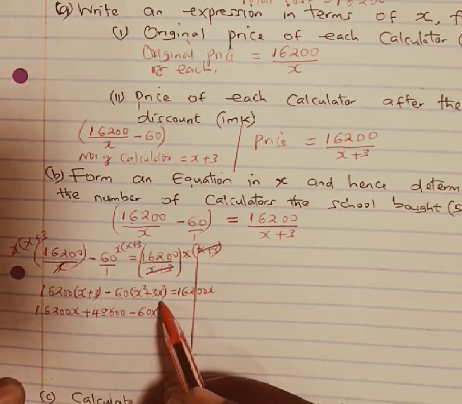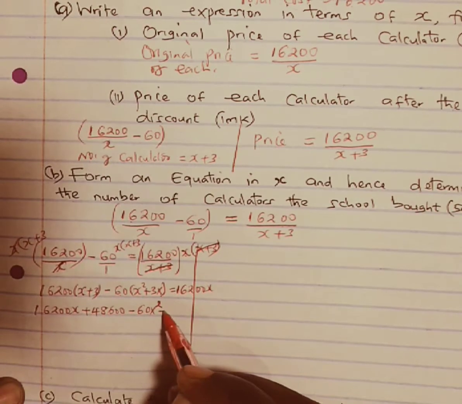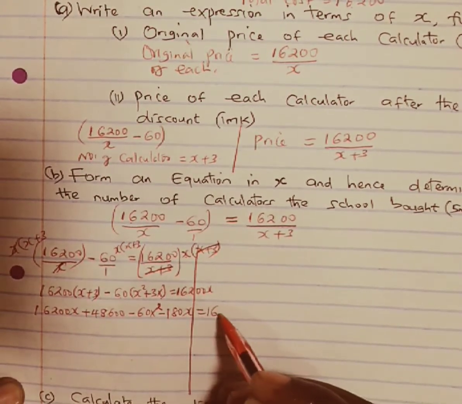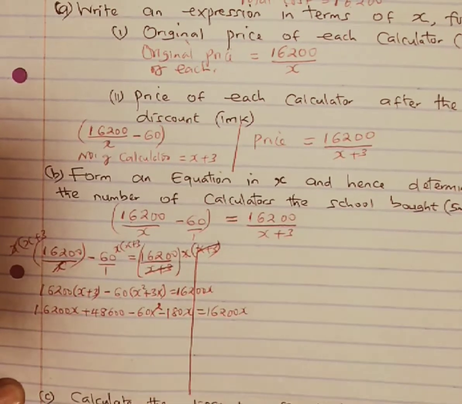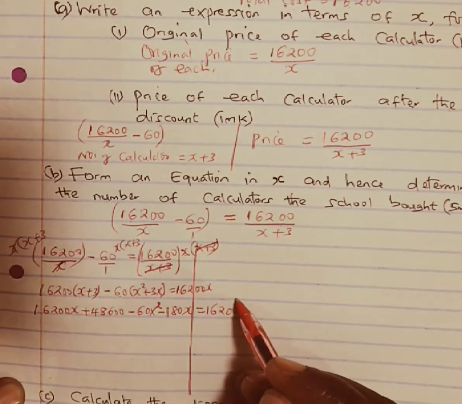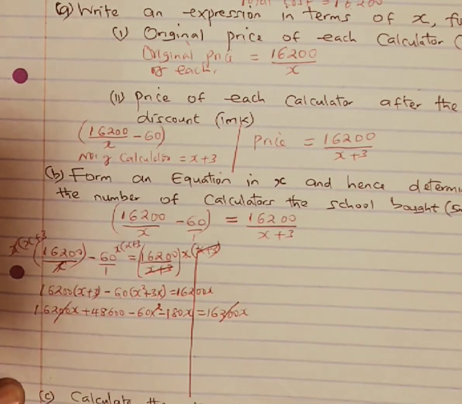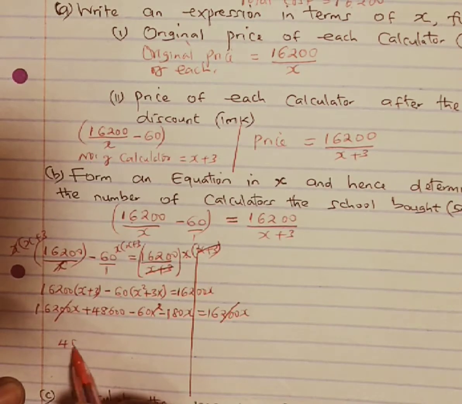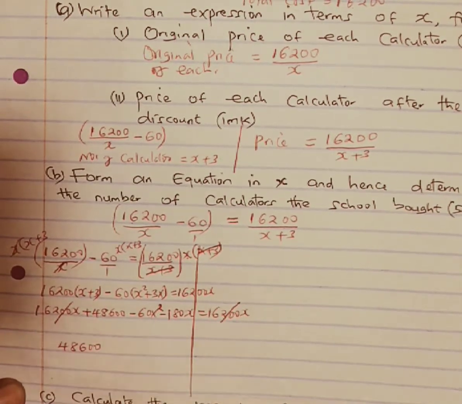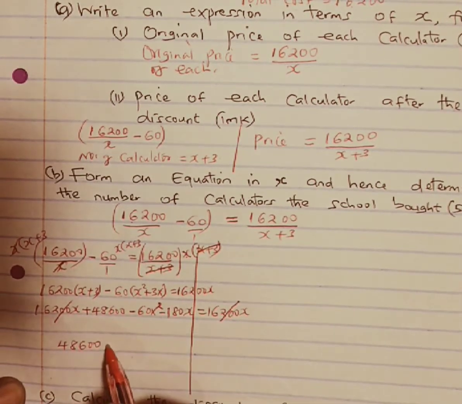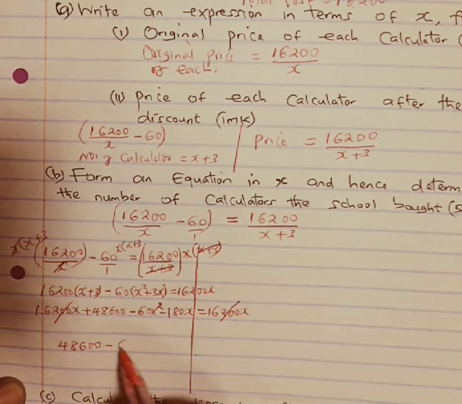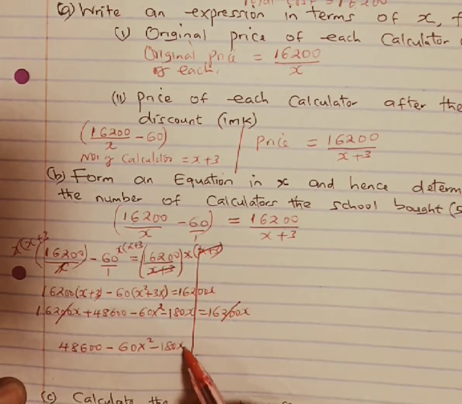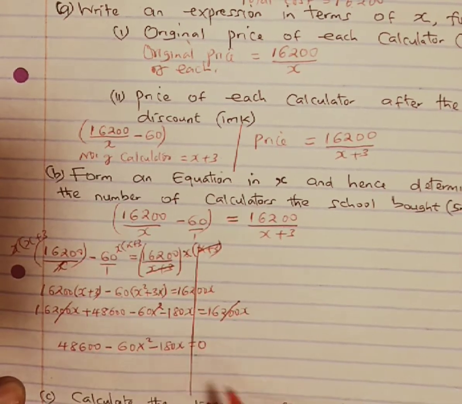Then minus 60 times 3X, you get minus 180X, being equal to 16,200X. Remember, 16,200X and 16,200X will cancel, such that we are going to have 48,600 minus 60X squared minus 180X being equal to 0.